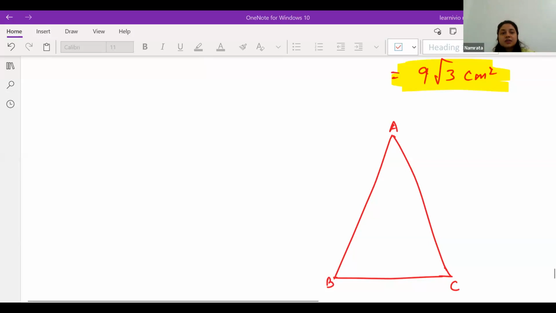So yeah, can anyone tell me what is the difference between area and perimeter? Ma'am, I don't know. Yes, a few more students are there. Anyone?